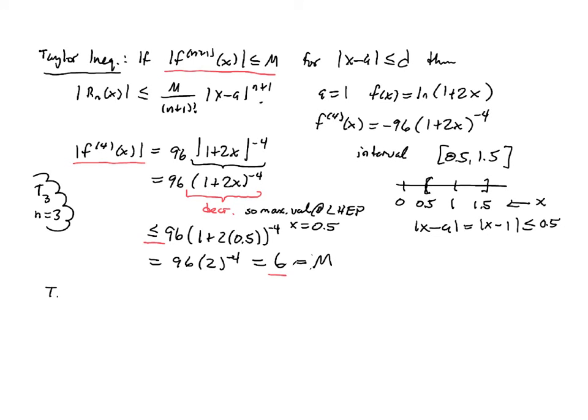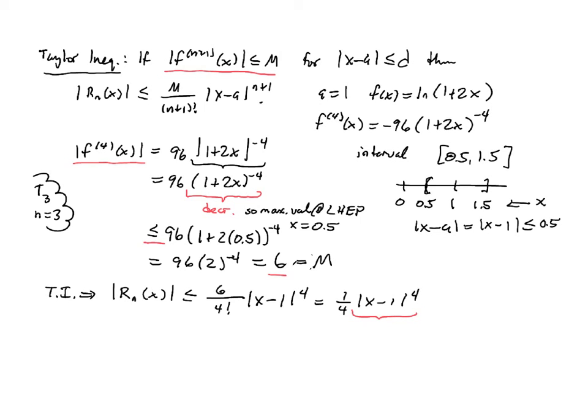So Taylor's inequality tells me that the error in absolute value is less than or equal to 6 over 4 factorial times the absolute value of x minus 1 to the 4th power. And so when we simplify that, that's the same thing as 1/4 times the absolute value of x minus 1 to the 4th.